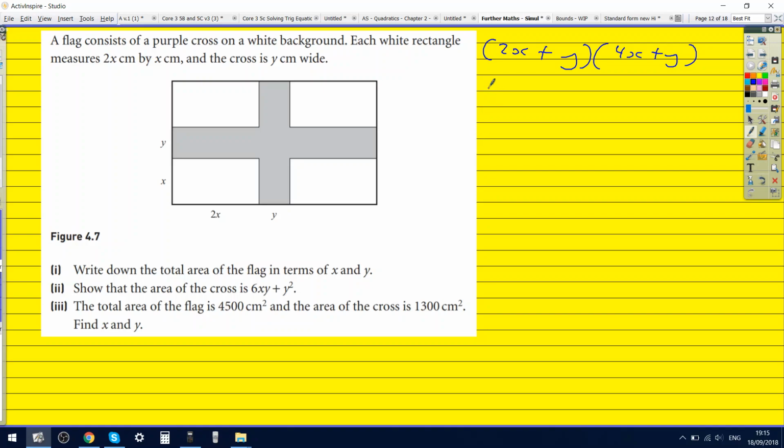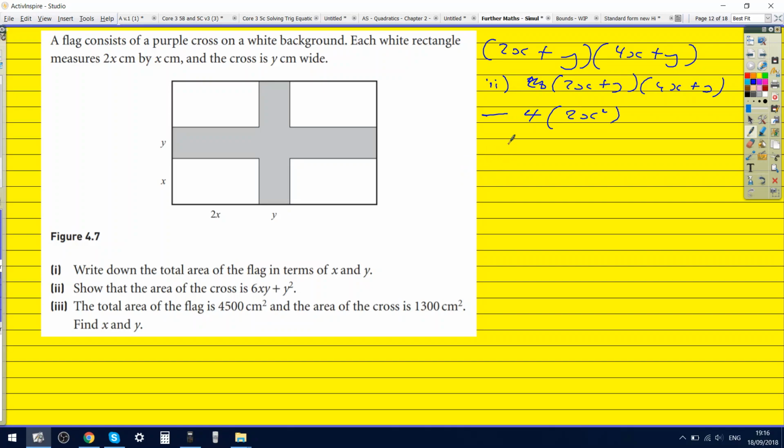Okay, part 2. So part 1 is there. Part 2. The area of the cross is 6xy plus y squared. 2x plus y, 4x plus y, minus, and I'll keep this in a big bracket, so minus, and outside the bracket we can have 4, and then 2x squared inside the bracket, because that's the area of each white rectangle.